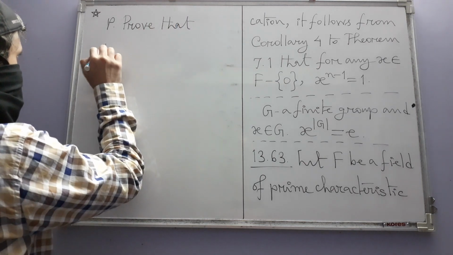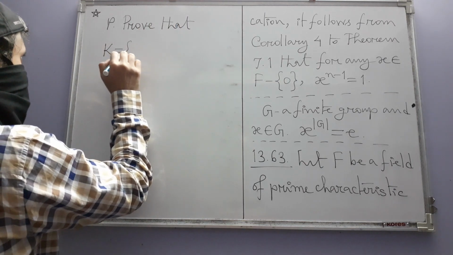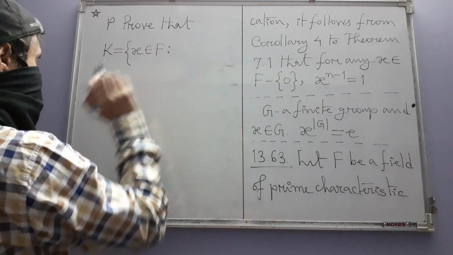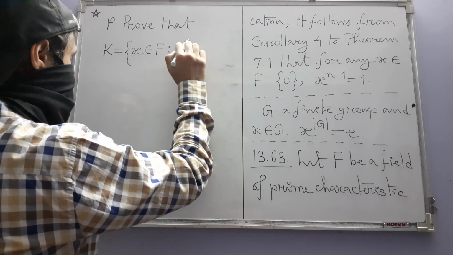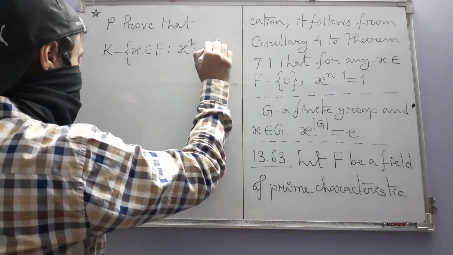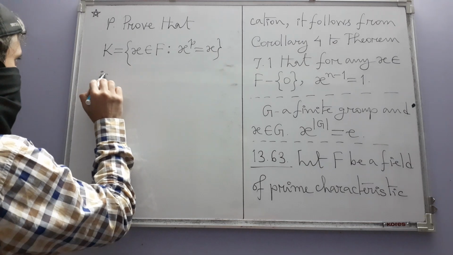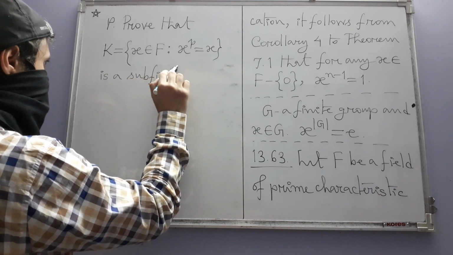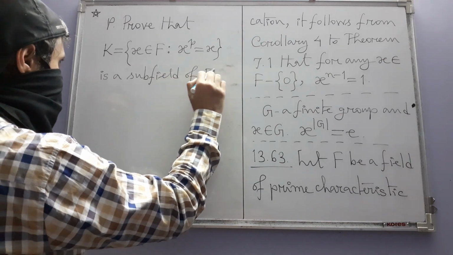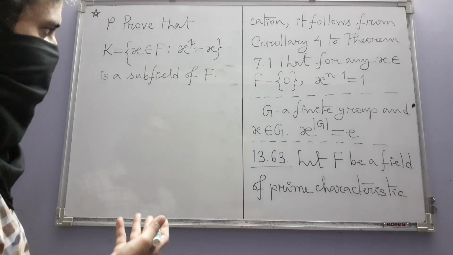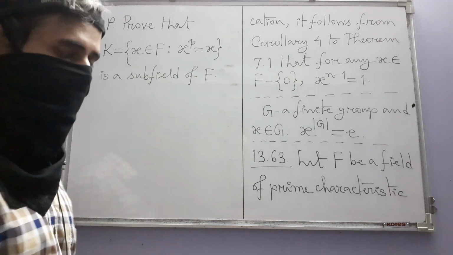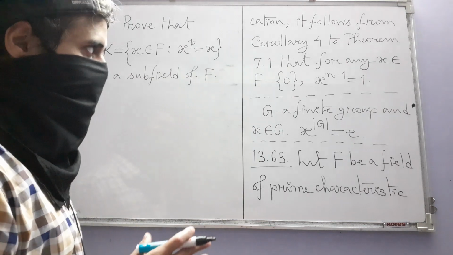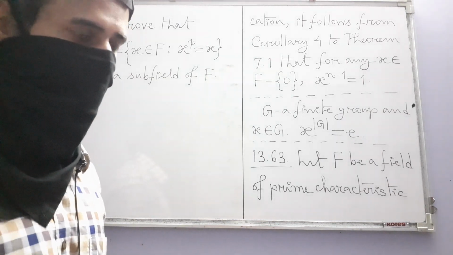Prove that the following set, the set K of all x in F such that the pth power of x is equal to x, is a subfield of F. So we can just simply apply the subfield test that we have come across in exercise 29.